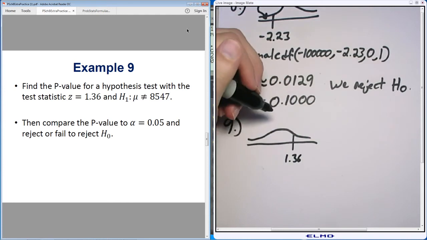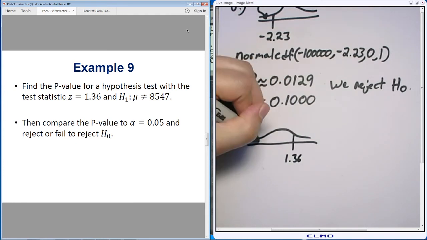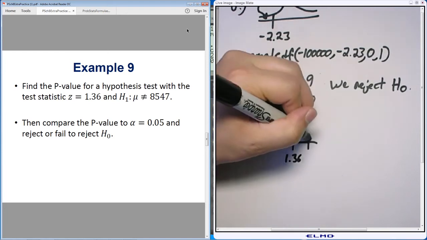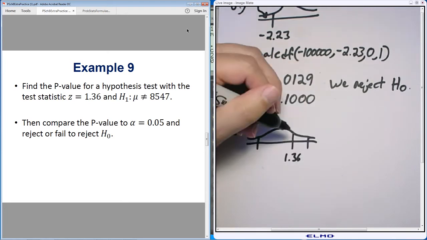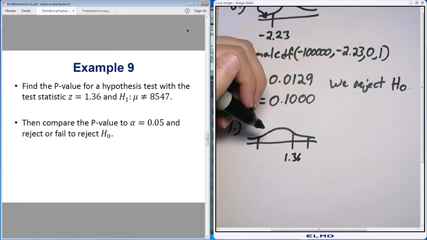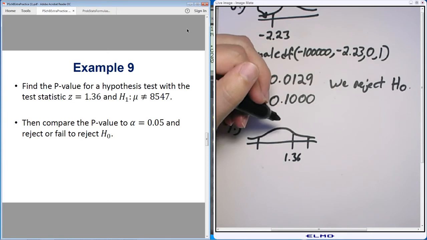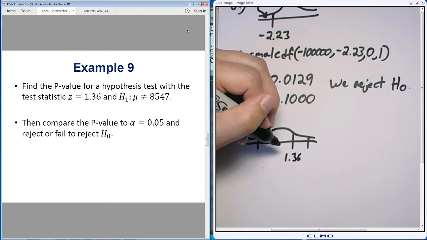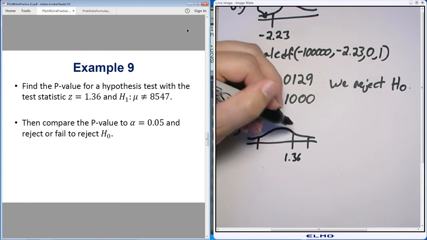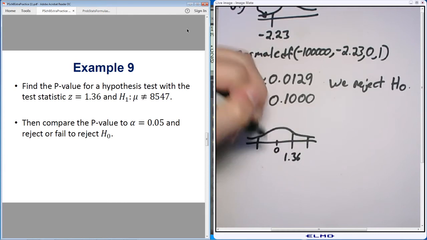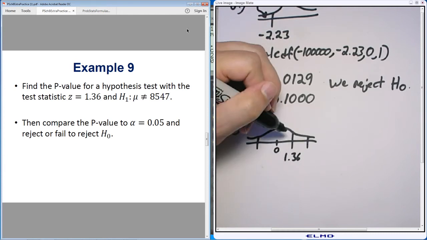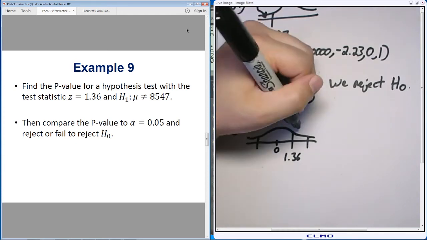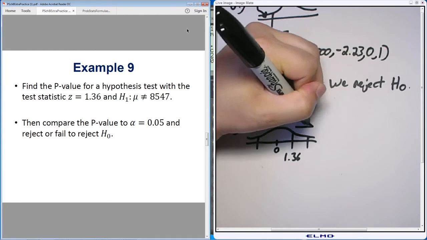Now notice this is a two-tailed test because of the not equals to in H sub 1. So I'm looking for either tail. We have to think about it for a minute. 1.36 is on the right-hand side of the distribution, right? Zero's in the middle, and it's positive, so it's on the right-hand side. So you will want to find the area to the right.